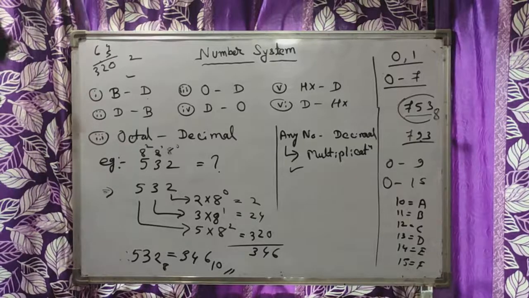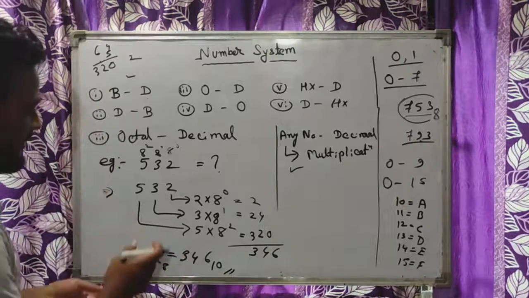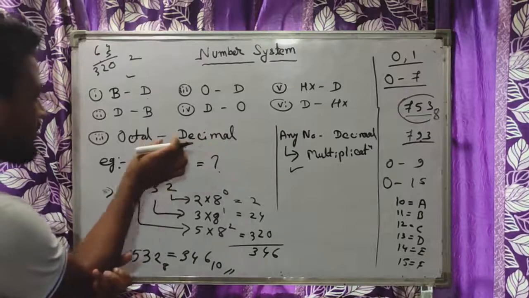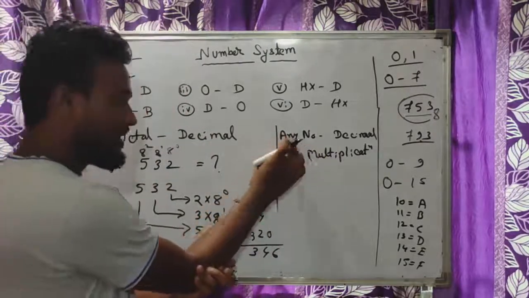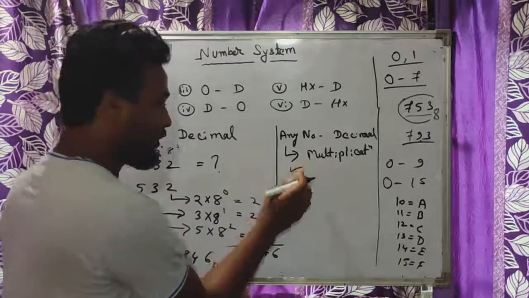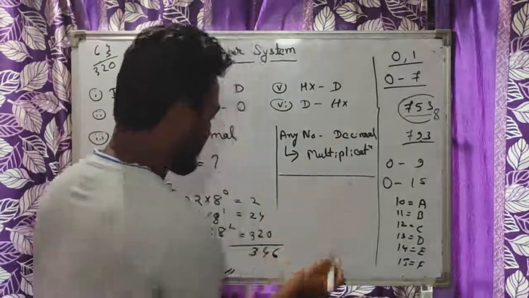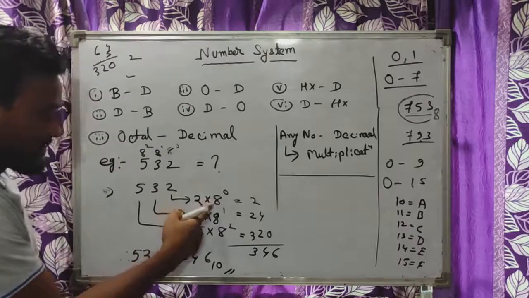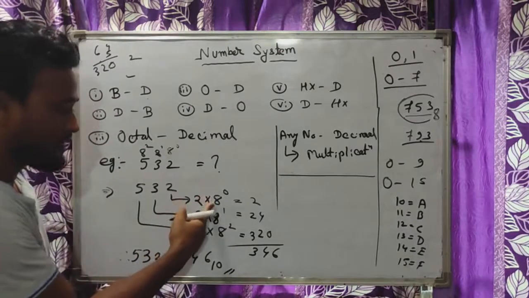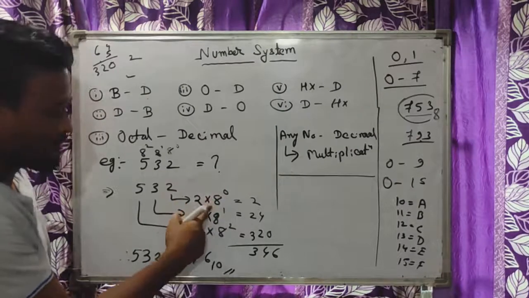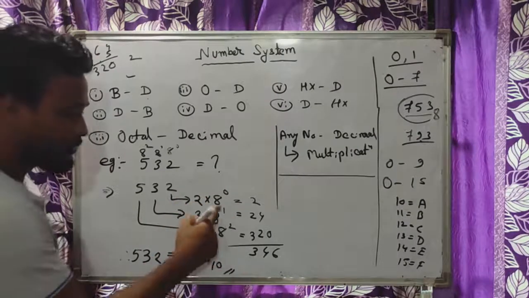Now, the same method: as you can see here, from any number to decimal number, we will always follow this multiplication method. Multiplication means the base or the place value will be different: for octal it will be 8, for binary it will be 2, for hexadecimal it will be 16.